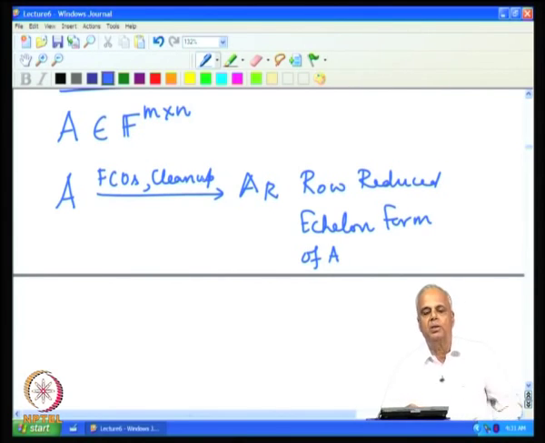So, you apply first column operations and the cleanup operations as described above, you get the row reduced echelon matrix.